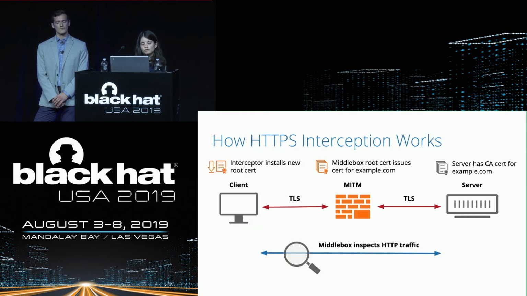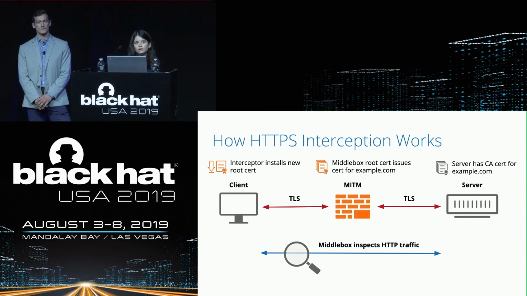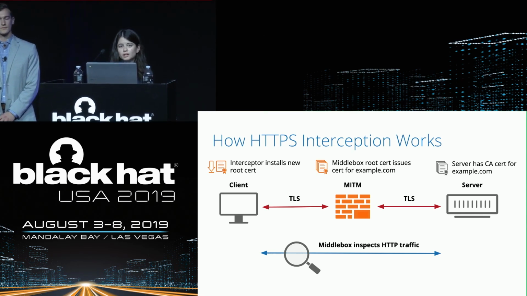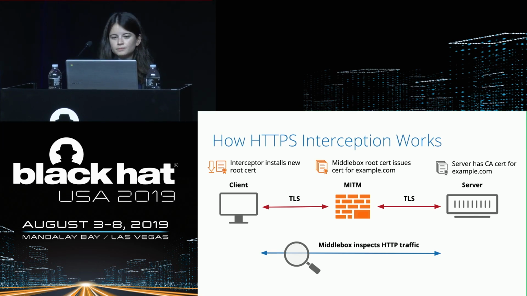To prevent this warning from happening, someone seeking to intercept HTTPS traffic must make the client trust the interceptor's root certificate. This practice of getting the client to trust and install the interceptor's root certificate is the crux of most HTTPS interception practices.